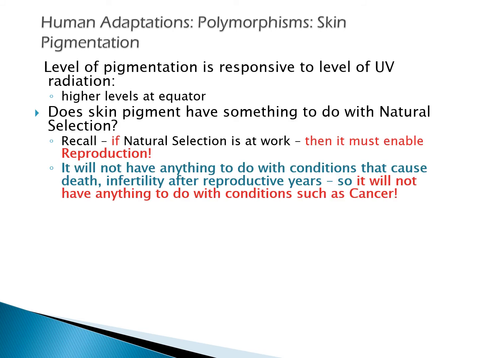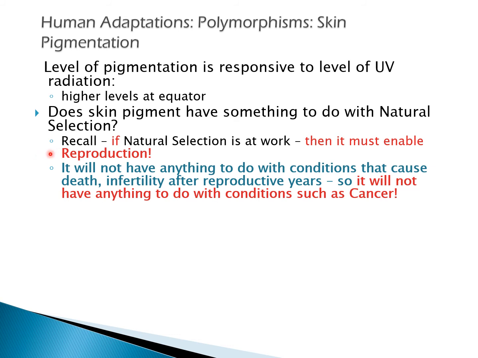So as a reminder for you in class, this is one of those ideas that people typically have before they start class that's really hard to give up, because for almost 20 years or more, you have thought it related to something else. Skin pigmentation does have something to do with natural selection, but remember, natural selection is only going to be related to reproduction right here, reproduction.